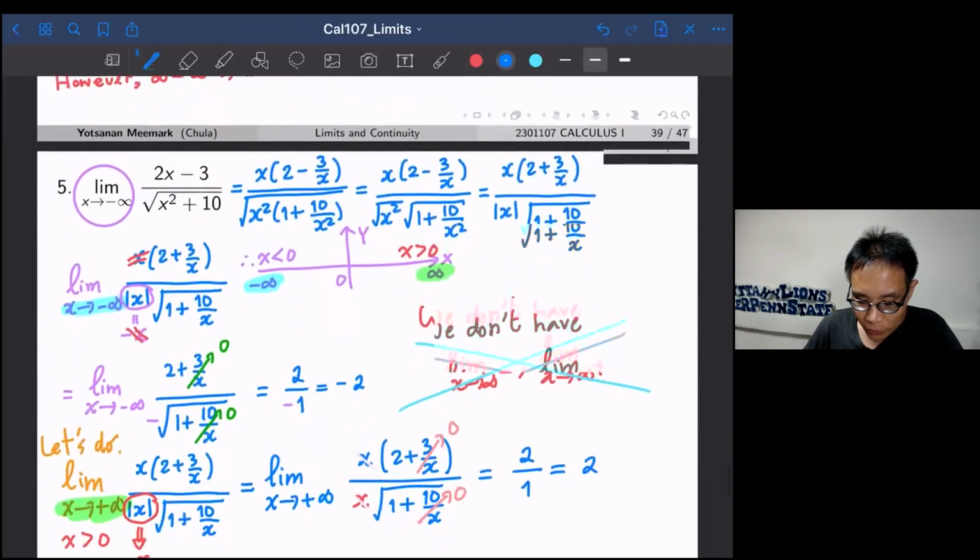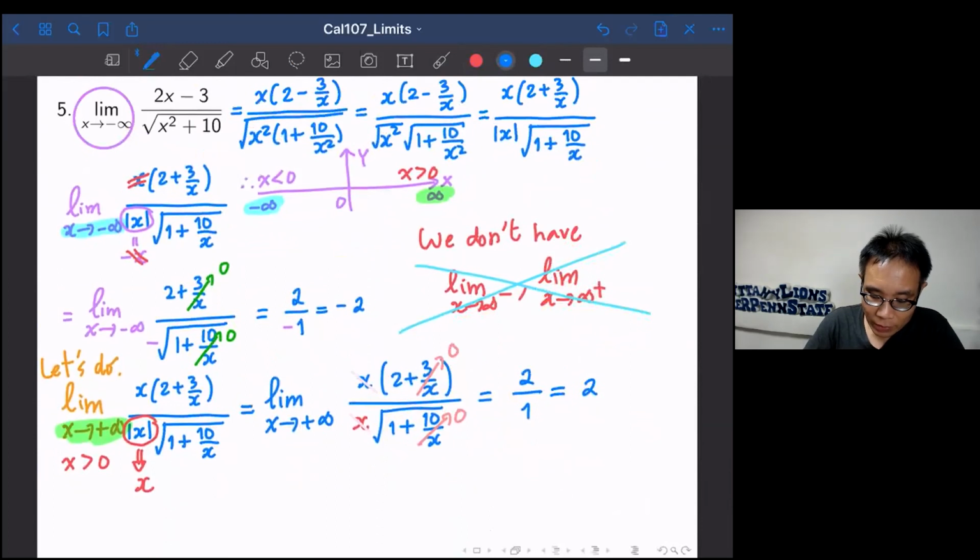For this one, you see the limit as x goes to positive and negative infinity. Let me draw a graph for you. So if you graph this, you have your y and you have your x.